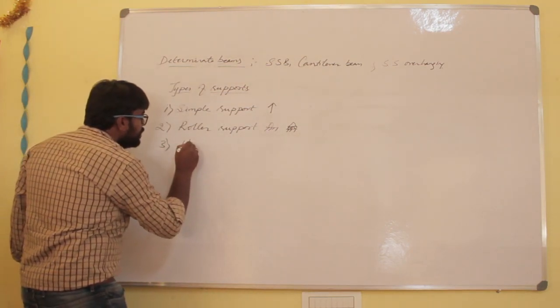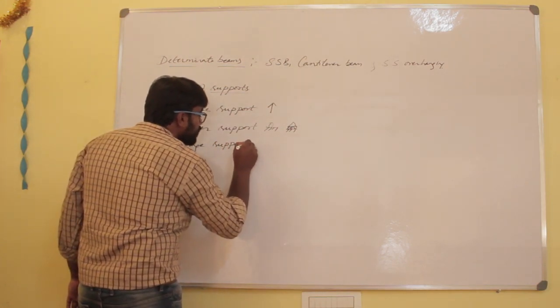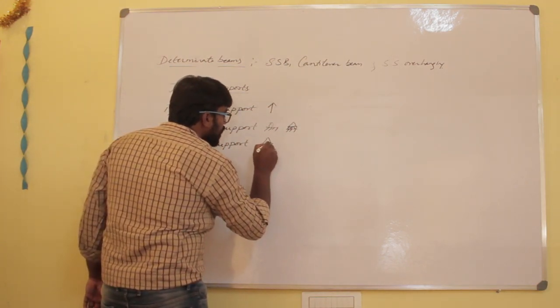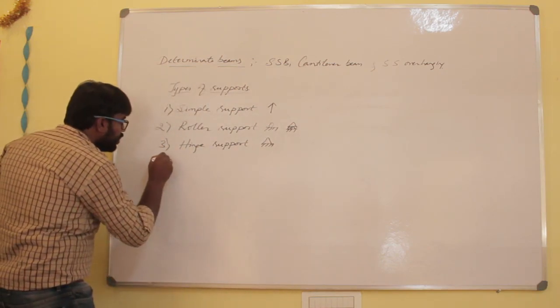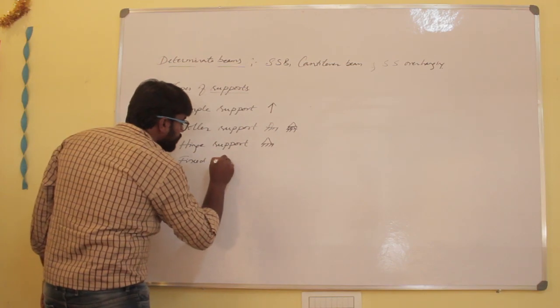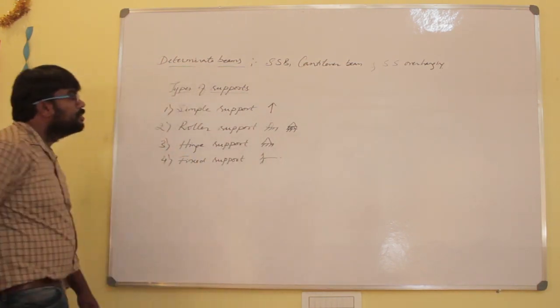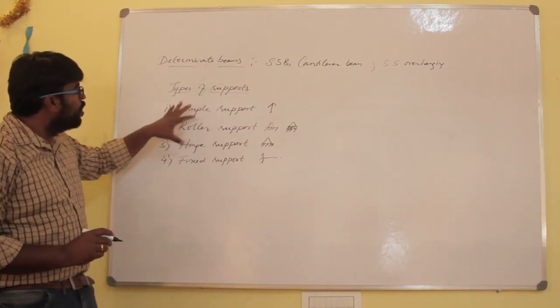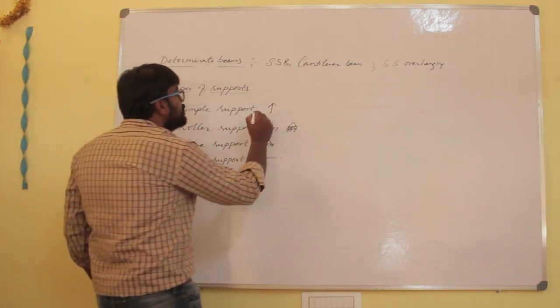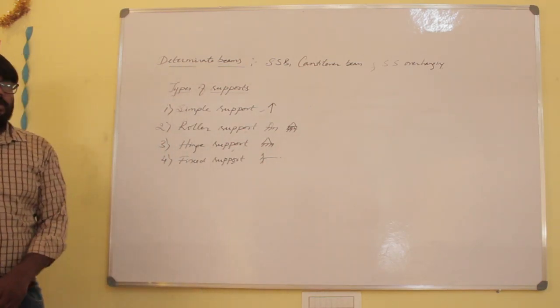The third one is the hinge support, represented like this. And one more is the fixed support, represented like this. So here we have four types of support: simple support, roller, hinge and fixed support.